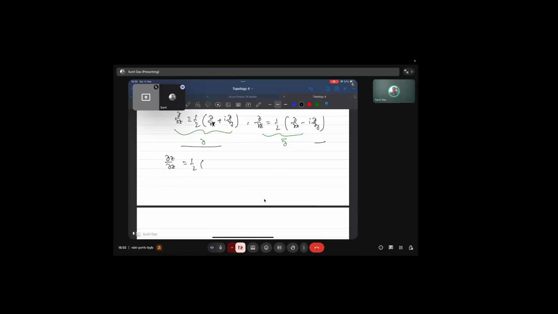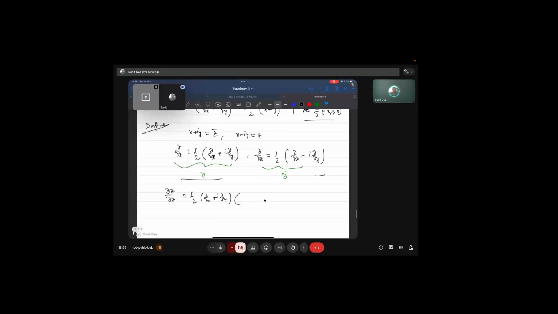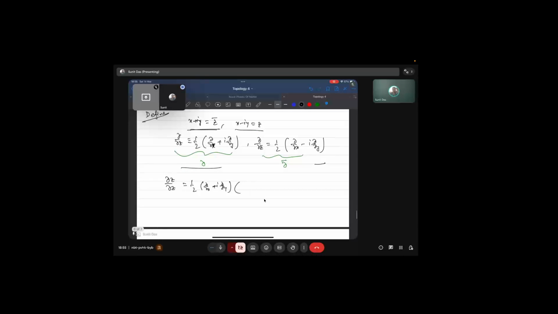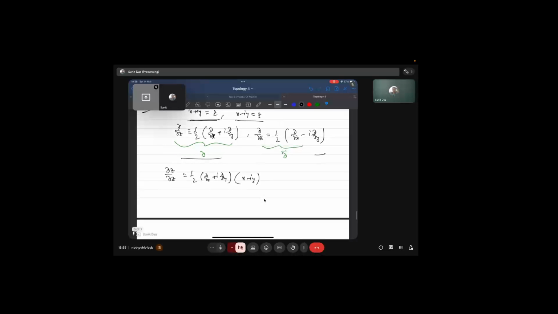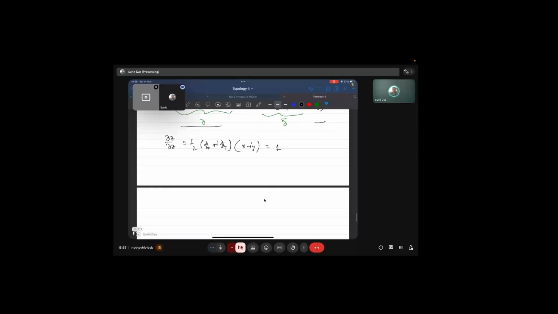So this operator is del x plus i del y, and then we had z. Remember that this is crucial: we defined z bar as x plus iy, and z as x minus iy. If you do partial differentiation, del z of z will be unity, and similarly del z bar of z bar, again unity.